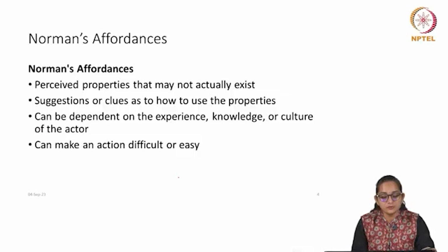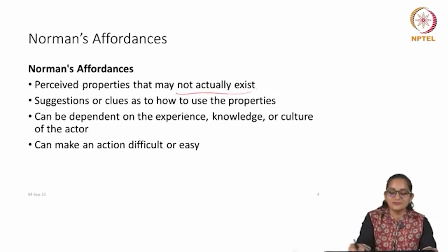So, Norman's affordances are actually perceived properties that may not actually exist. What this means is that affordances are properties which are visible or perceivable by the user, but may or may not actually exist.